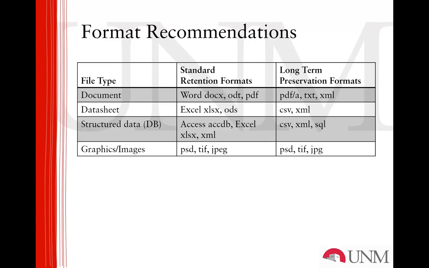Well, as we talked about, in the production phase of the file lifespan, we need an editable format in which any piece of content that goes into the final product can be manipulated, updated, or changed as needed to make the final product. Then we have the final product files themselves, and then we have long-term storage formats.